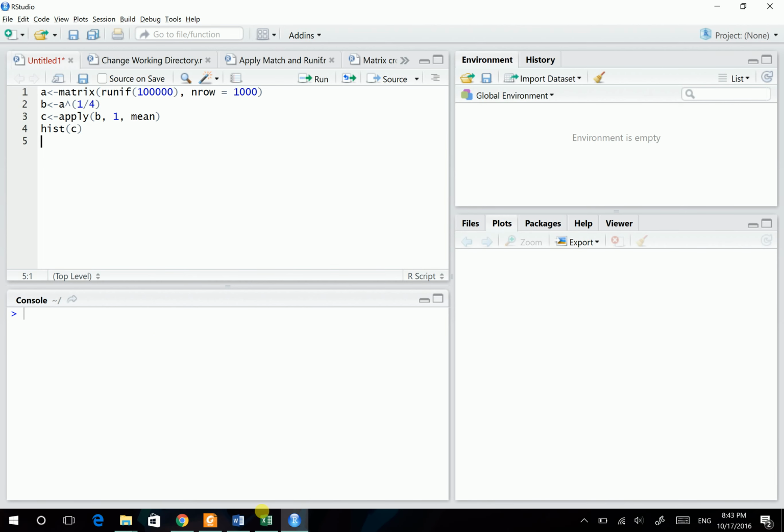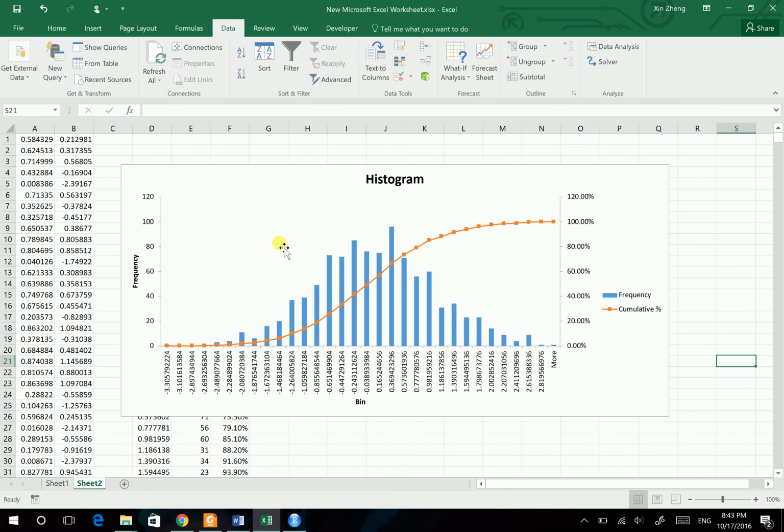For every distribution, we can see the cumulative probability, and the cumulative probability has a 1-to-1 relationship to the random number in this distribution.